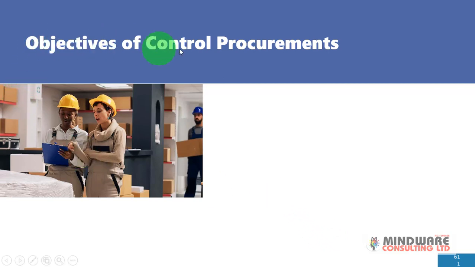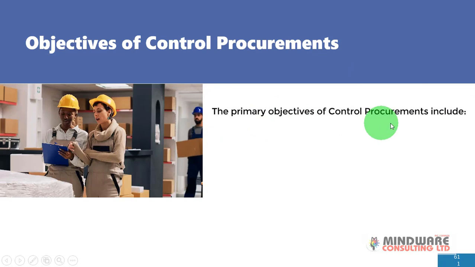Alright, so what are the objectives of control procurement process? The primary objectives of control procurement include overseeing contract performance. So the project management team is saddled with the responsibility of overseeing the contract performance.